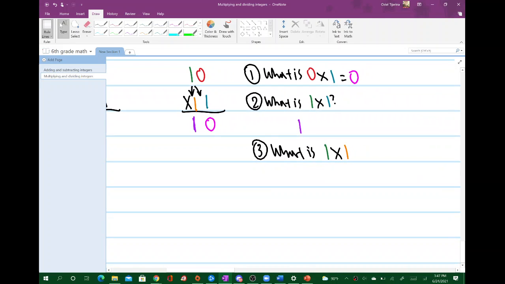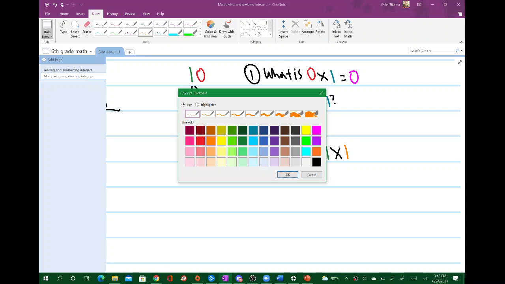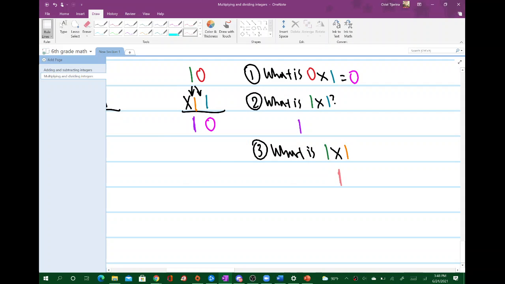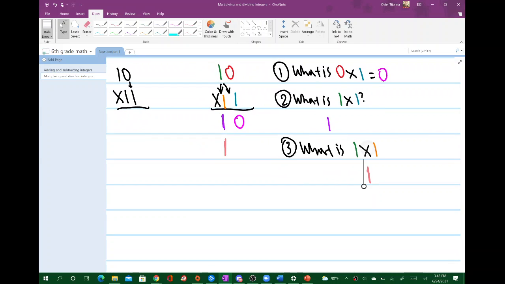What is 1 times 1? I'm going to say, well, that's 1, right? But I'm going to write it in a different color so that you guys can understand what I'm talking about. Give me a second. So this is 1, right? And then I say, okay, well, we know that there's a 0 placeholder here.